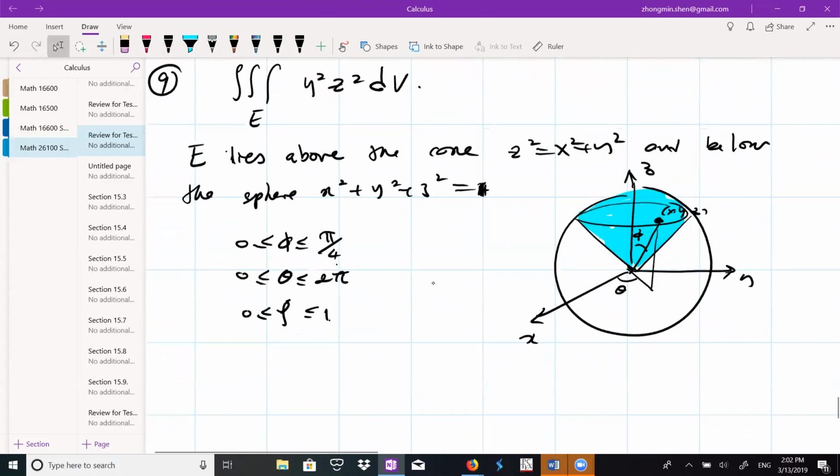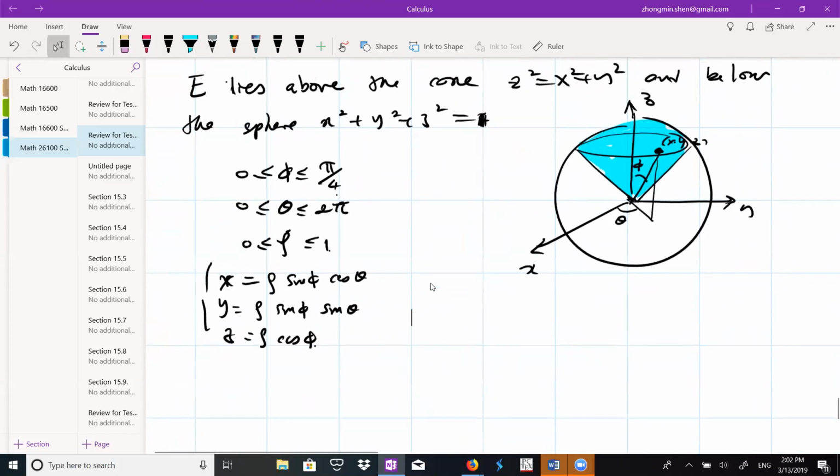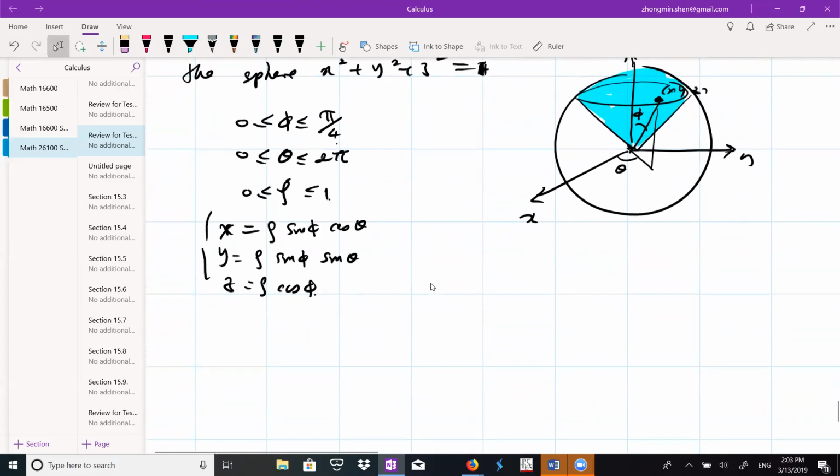If we use spherical coordinates, x equals rho sine phi cosine theta, y equals rho sine phi sine theta, and z equals rho cosine phi. So this maps this rectangular box onto the region described in the problem.